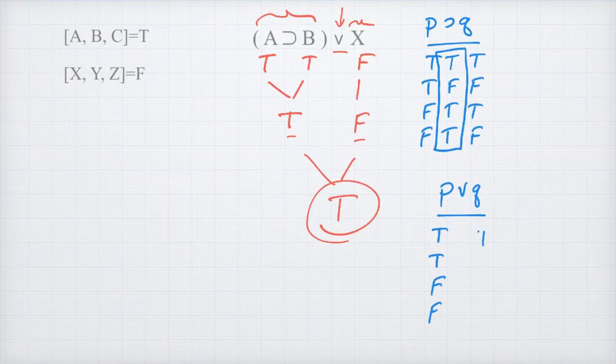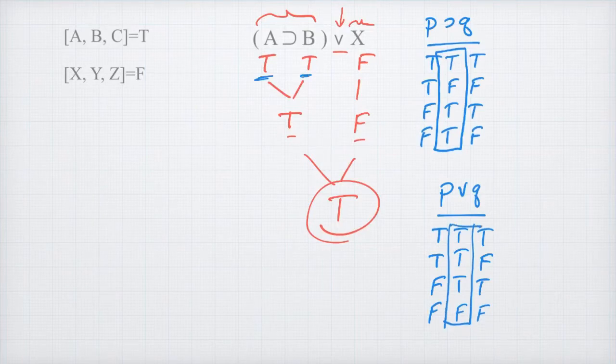Here's the OR truth table: true, false, true, false, and we got true, true, true, and false. So in this first part, when I'm looking at true and true, I go to my truth table over here and say, oh, true and true, therefore true. And that's where it is. I got it right there.